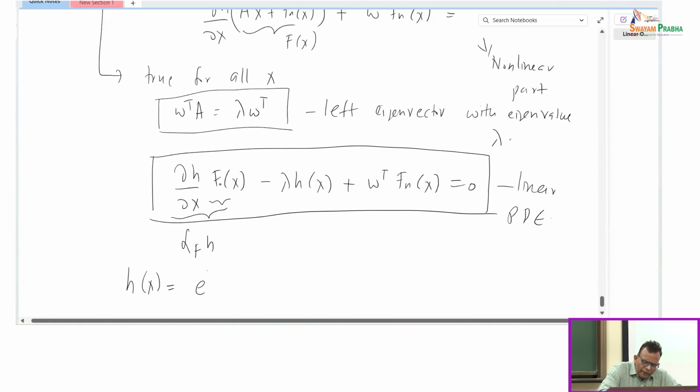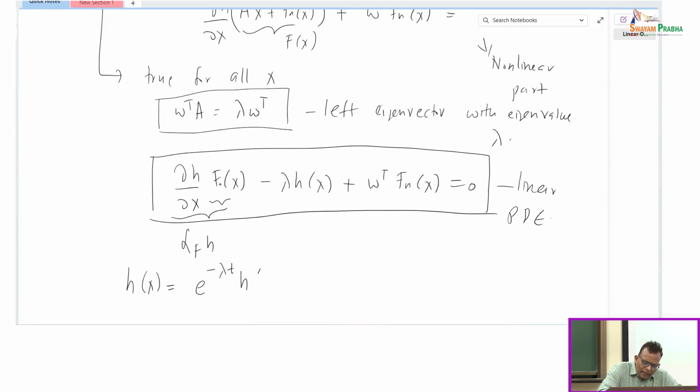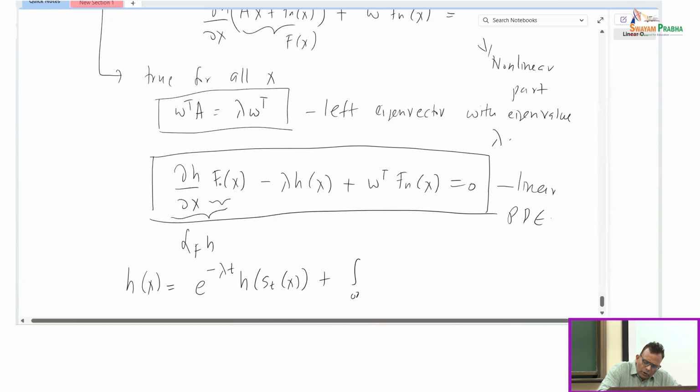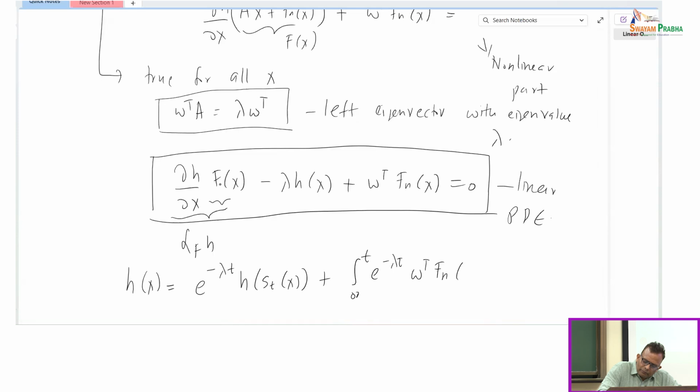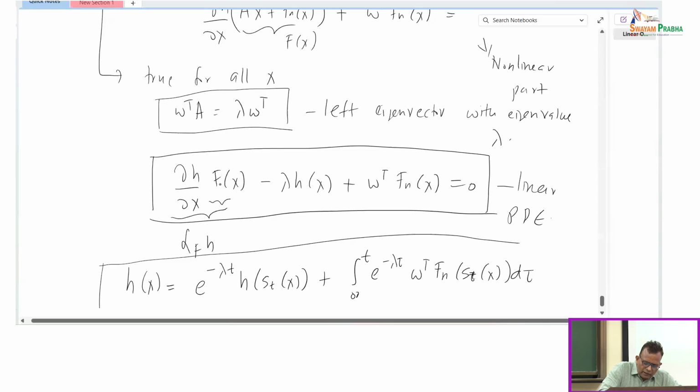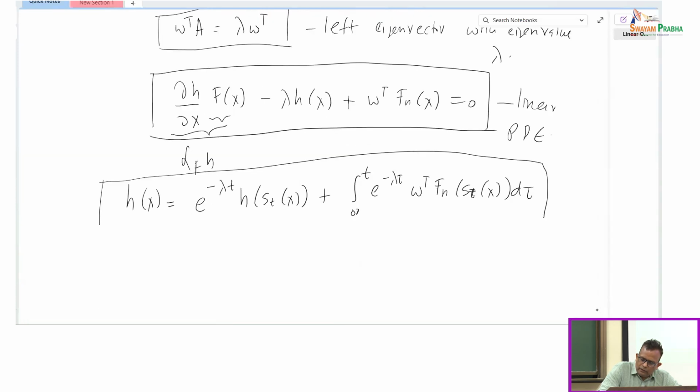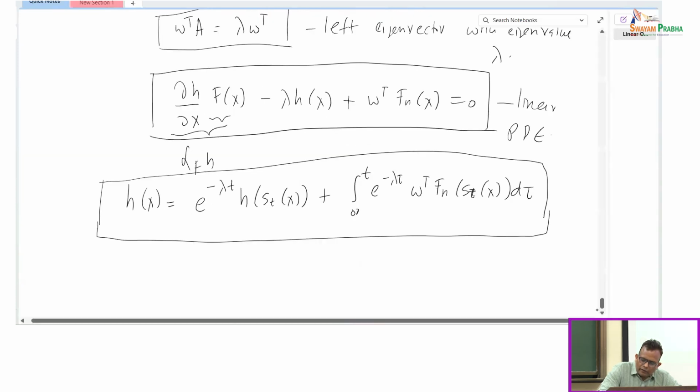It is given by e to the minus lambda t h of s_t of x, plus the integral from 0 to t of e to the minus lambda tau w transpose f evaluated at s_tau of x, d tau. So just take my word for this. This is the solution of the linear PDE using the method of characteristics.